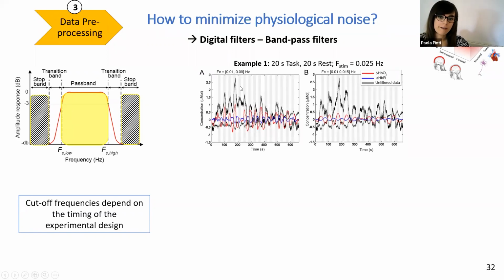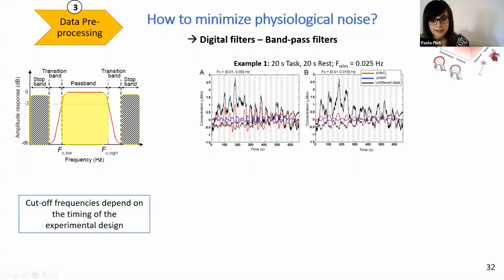Here on the left, you will see in black the original unfiltered oxy and deoxy hemoglobin signals, while in red and blue, you'll see the resulting filtered oxy and deoxy. On panel A, the cutoff frequency range is appropriate and includes our stimulation frequency.